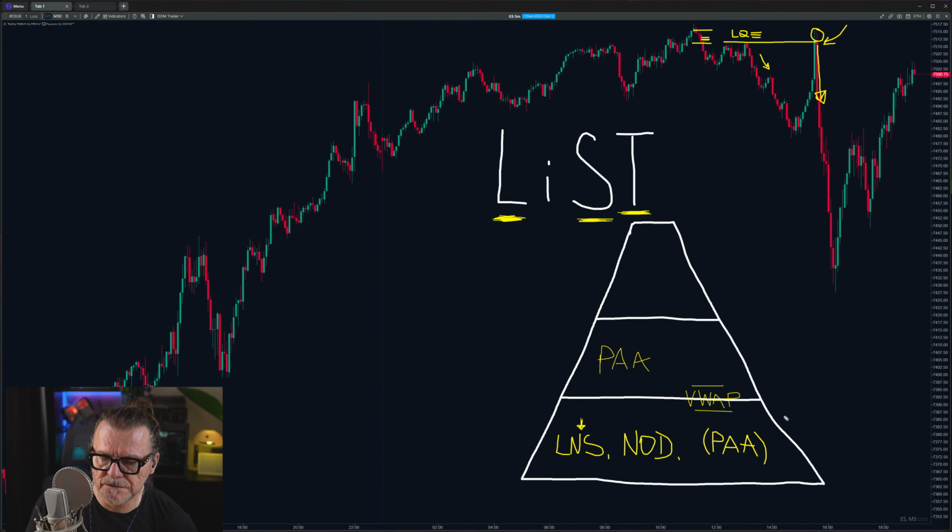So VWAP is a very useful indicator. I like it a lot. And that's why I added this slope of the central line to VWAP Ultra, which is part of 3.5. It's for free. And it shows you the exact value of the slope, so whether the line is going up or down. This way you can basically backtest your entries.